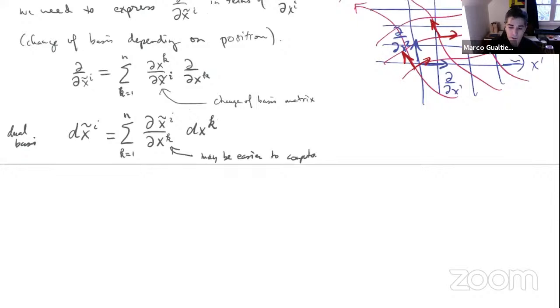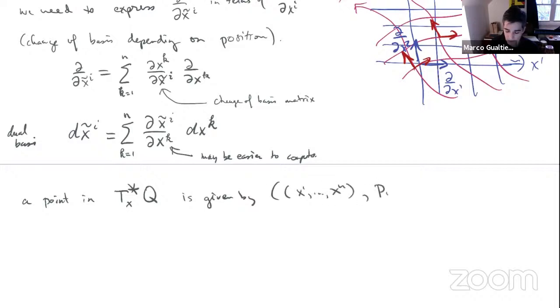This is important because of the fact that this is the basis that we're using for the p coordinates. So a point in the cotangent space to a certain point x is given by x, to figure out which point you're at in the base, and then p.